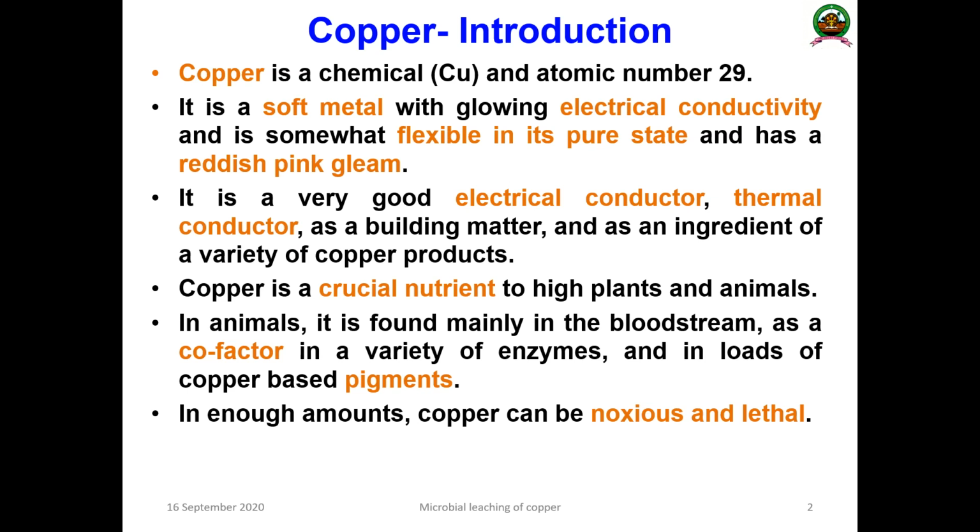But in enormous quantity, copper can be lethal and noxious, that is, dangerous to health. Because of all those reasons, copper needs to be extracted in pure form, and that makes use of environmental microbiology aspects.